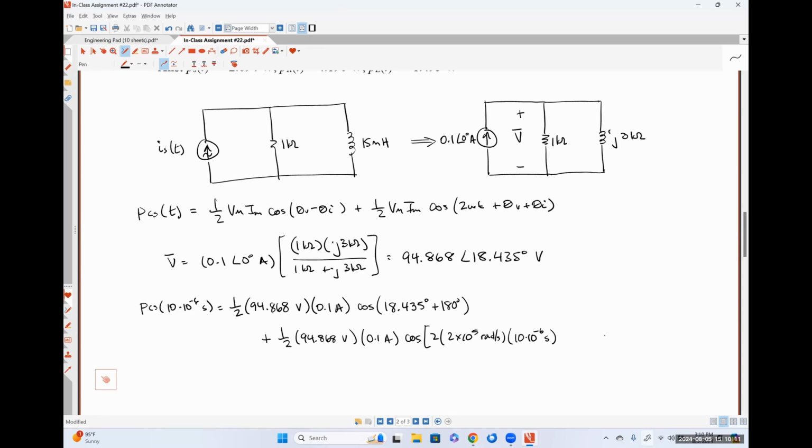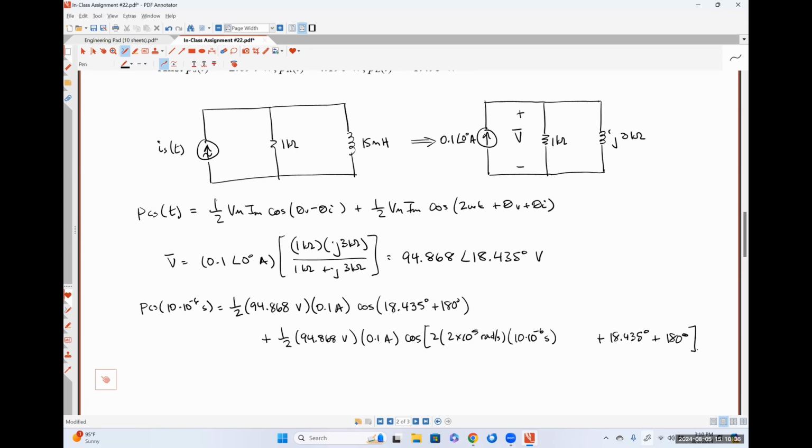And now I'm going to add 18.435 degrees plus 180 degrees. And again, if you don't like adding the 180 degrees to the current phase angle, you could get away with just multiplying by a factor of -1 at the end, based on our understanding of the passive sign convention.